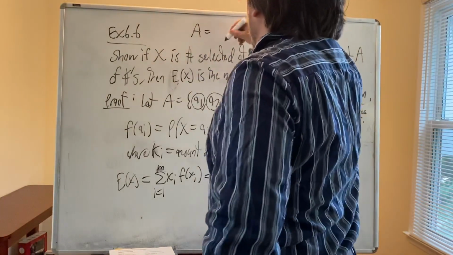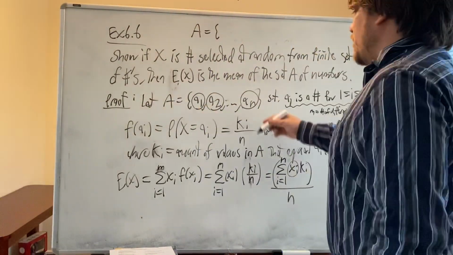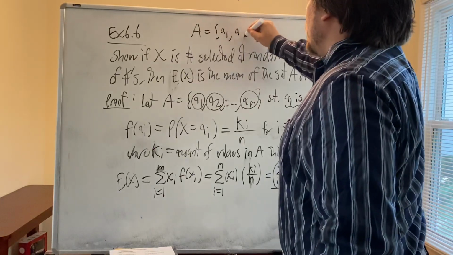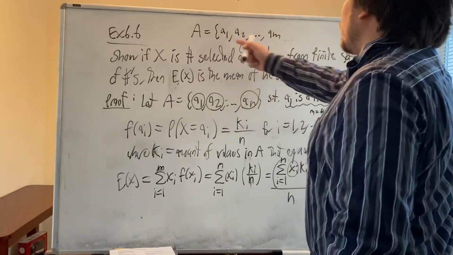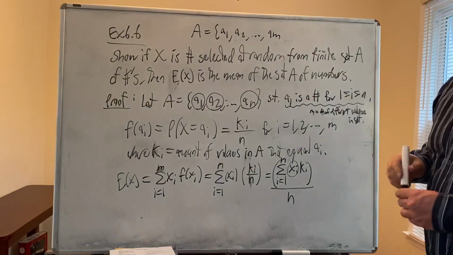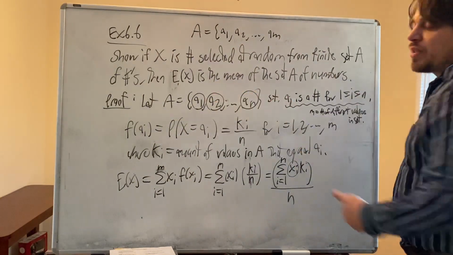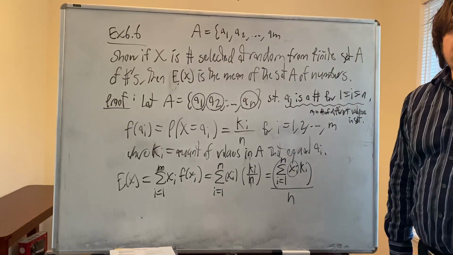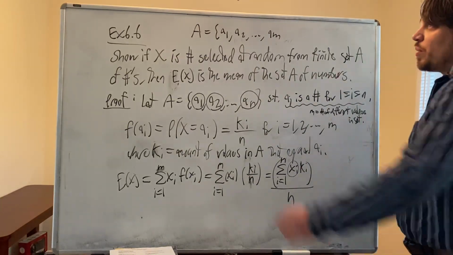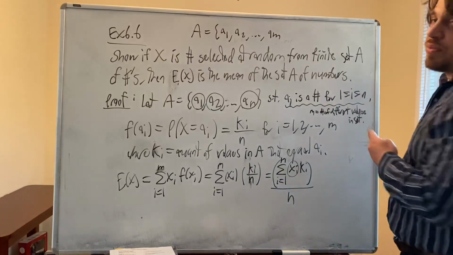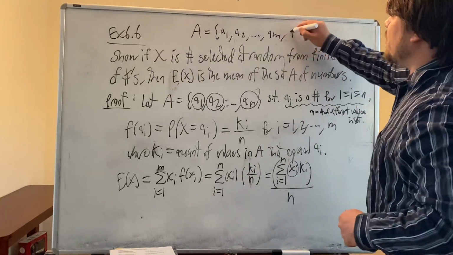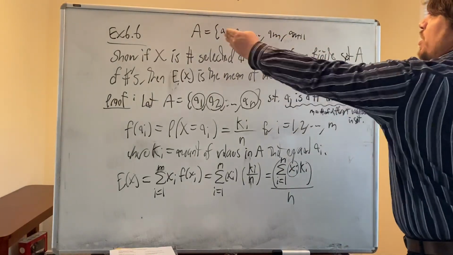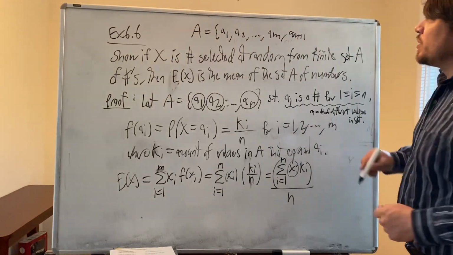We're going to order the set capital A from A1 to An, such that A1, A2, dot dot dot, to A sub m are the different ones. If you have n values that can repeat, then there are exactly m different values in the set, where m is less than or equal to n. We arrange it so the first m are different, and then the rest of them are the same as one of the first little m that were different.